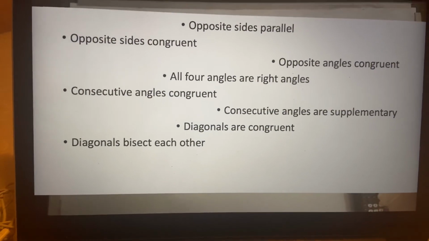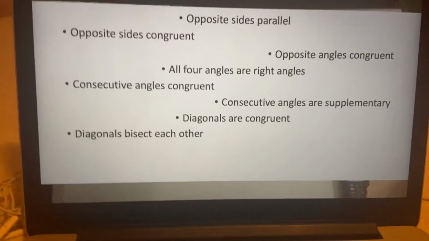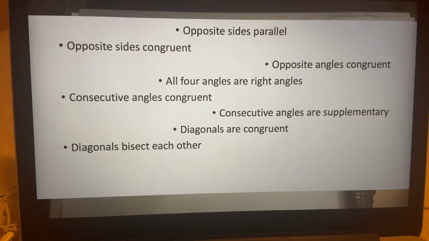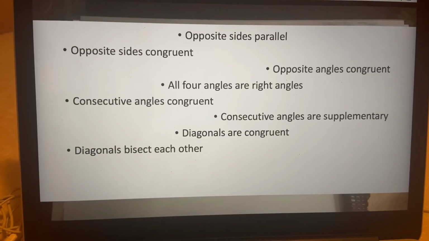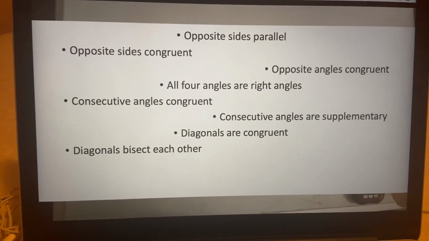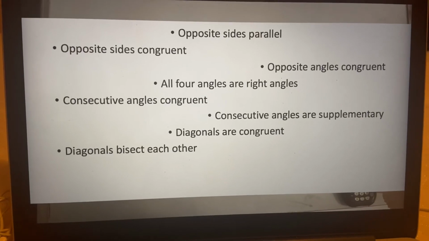Firstly, I'd like to display this image right here and ask you to separate these characteristics based on the shapes we've already seen. I'm going to give you a couple minutes to do so.